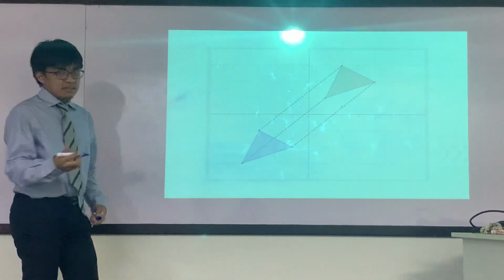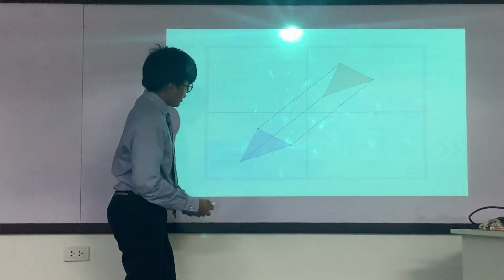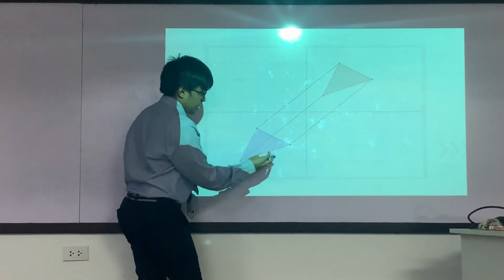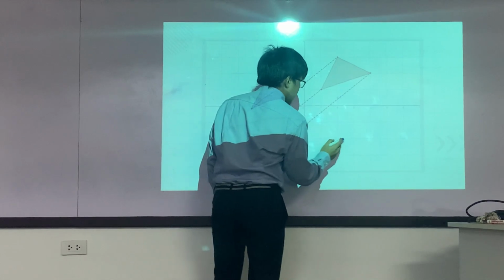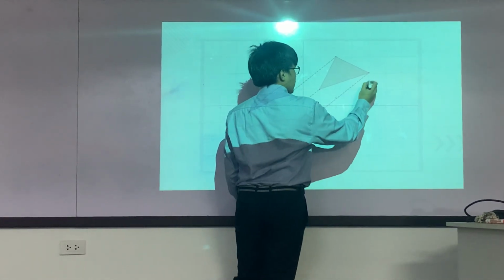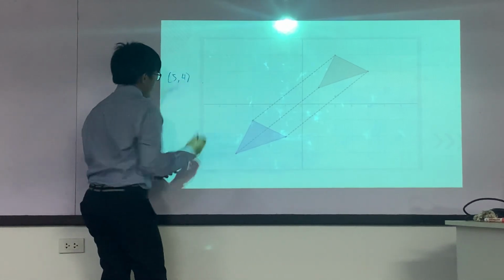The next example is this triangle translated outwards. As you can see, these points are translated by 4 and 1 with this vector.